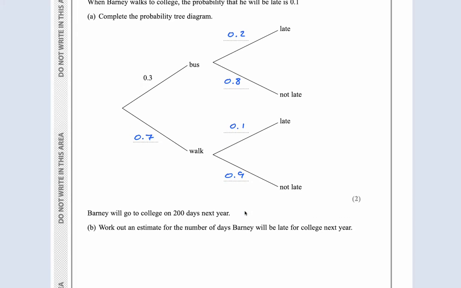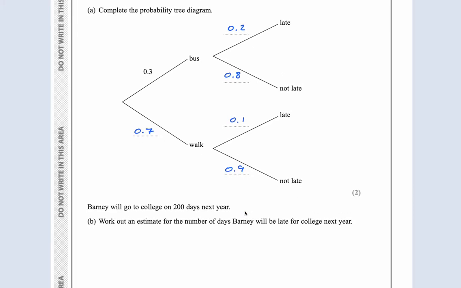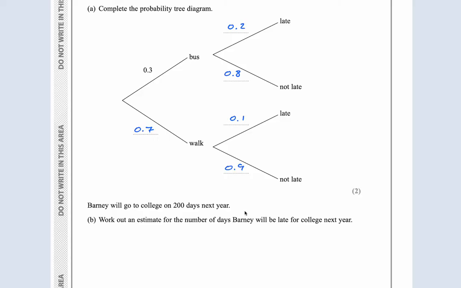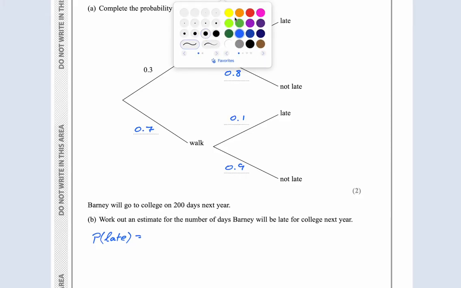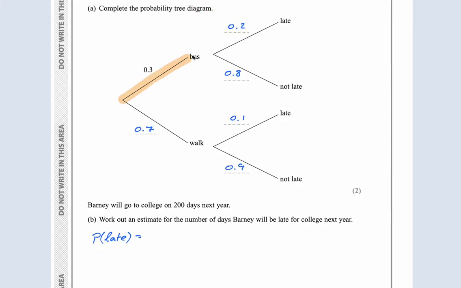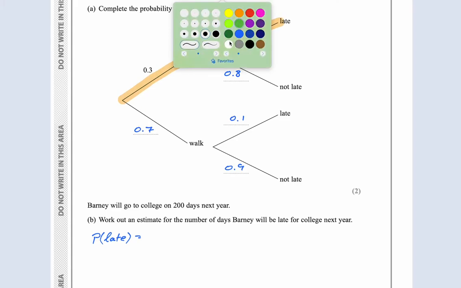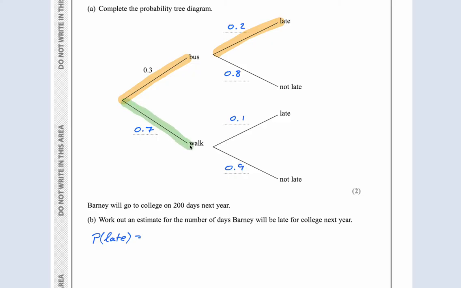Second question, he will go to college on 200 days next year. Work out an estimate for the number of days Barney will be late for college next year. Okay, so first I need to find out the probability he will be late. The probability he will be late is this times this, bus and late, or this times this, walk and late.